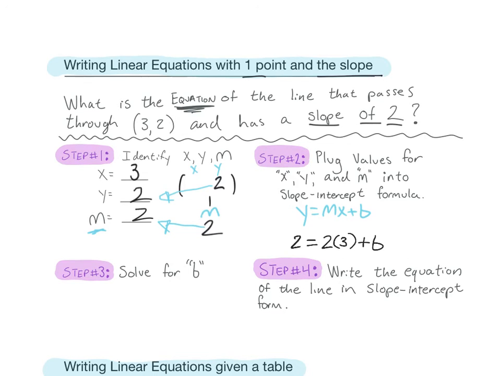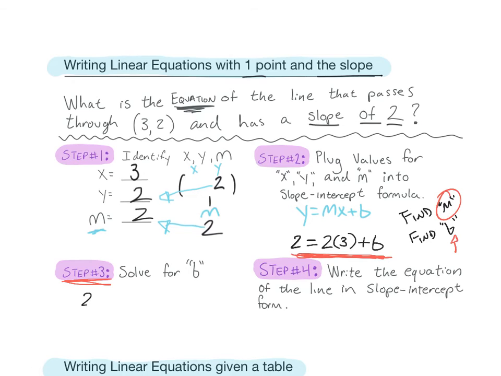Please remember our end goal. Our end goal is to find m and find b. We already have m. Now we just have to find b, and that's what we're going to do with this equation here. We're going to use it to solve for b, and so that's step 3, solve for b. So let's solve for that.